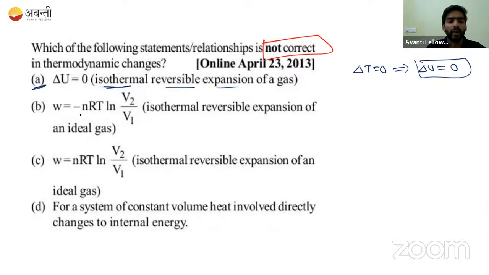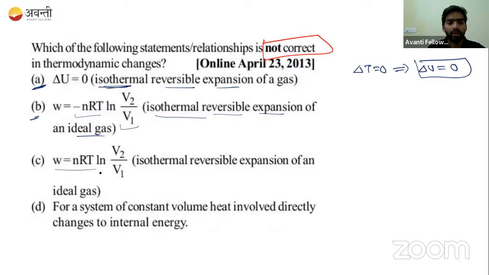Work done is equal to minus nRT natural log of V2 upon V1, for the isothermal reversible expansion of an ideal gas. We have this formula for the reversible expansion at the isothermal condition. So this is also the correct answer, where we write work done is equal to minus nRT natural log of V2 upon V1. Now coming on to the third option, that is option C.